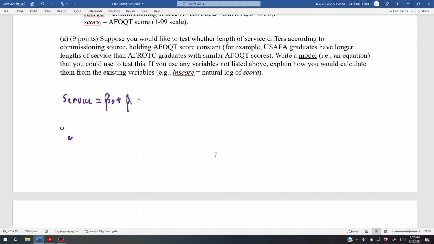What do I have here? So I've got AFOQT plus beta 2 ROTC, a dummy variable for the ROTC folks, plus beta 3 USAFA, a dummy variable for the USAFA folks, plus beta 4 OTS, a dummy variable for the OTS folks.